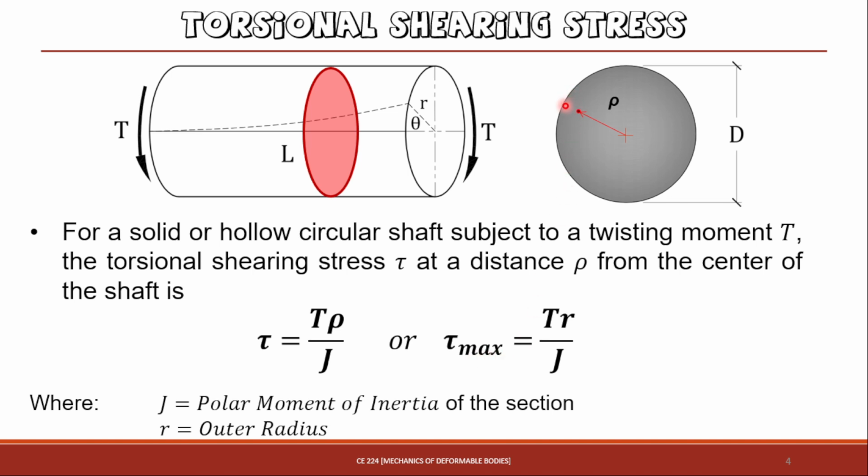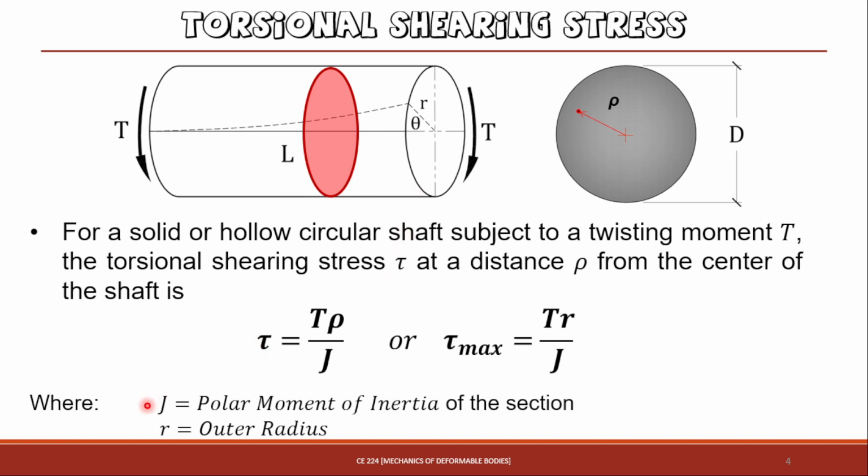And yung pinakamalayong point from the center is just yung radius ng ating cross section dito. Okay? So therefore, yung tau max natin, that is just equal to yung torque times yung radius ng ating shaft all over yung J, which is yung polar moment of inertia. Okay? So that is yung introduction for torsional shearing stress.